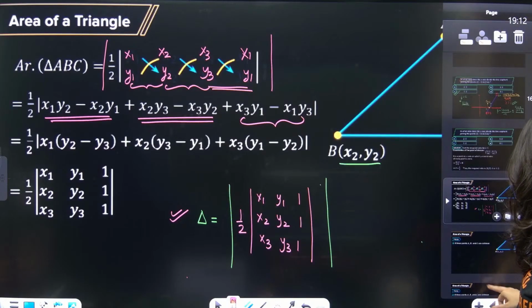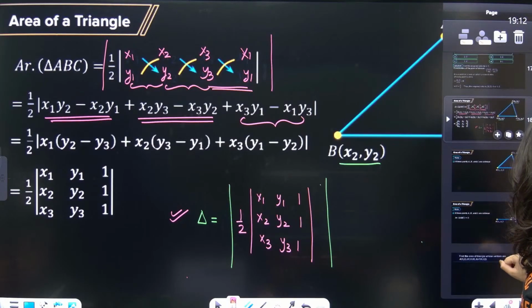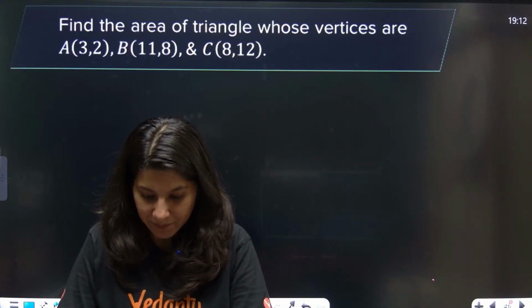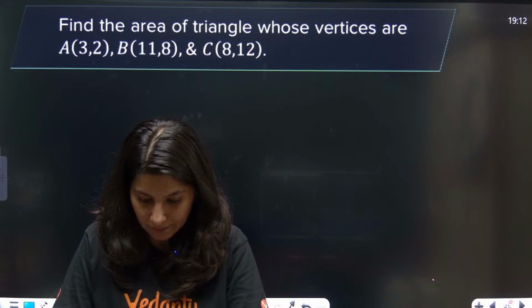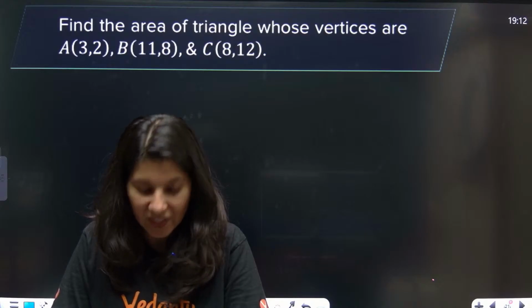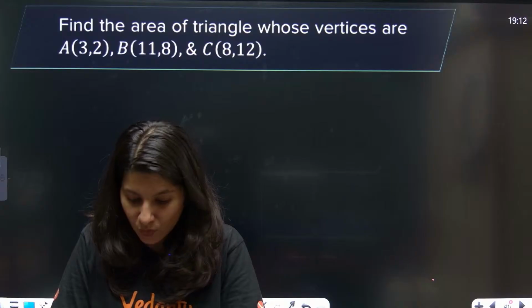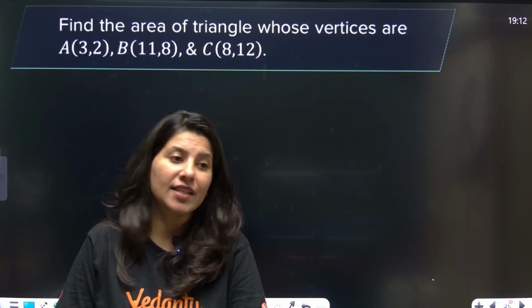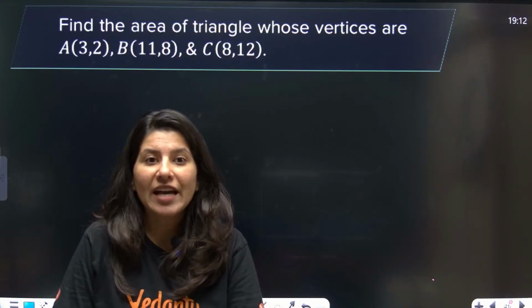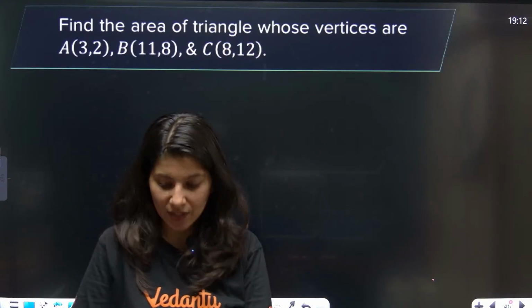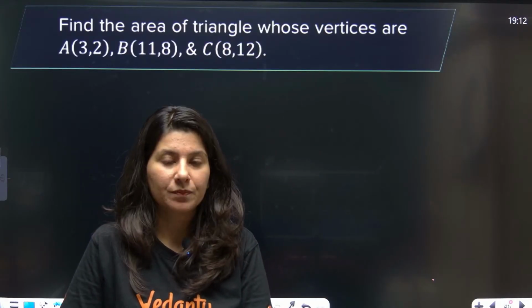Now what we are going to do is question time. King of Kings is saying that I don't know why these guys are not doing half into base into height. King of Kings, very good. I feel you should use half into base into height and tell me the area of this particular question.